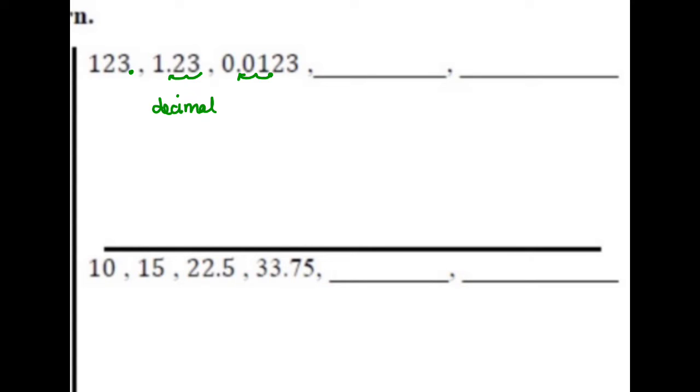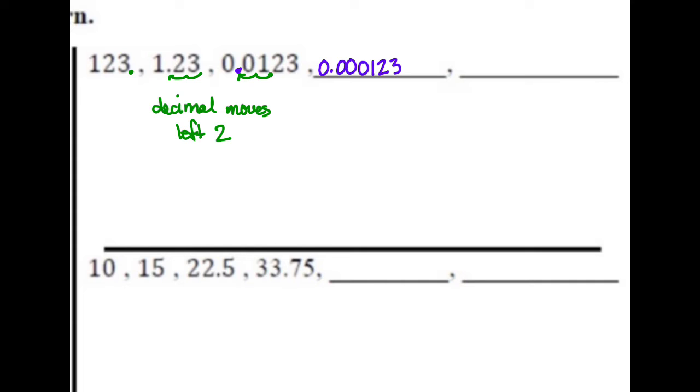Okay, so decimal moves left 2. Okay, so if I go 2 more places to the left, I'm going to need 2 more zeros before the 1 starts, right? So 1, 2, and there is the 1, 2, 3 again. So it was after the first 0, but now you can see it's moved 2 places over.